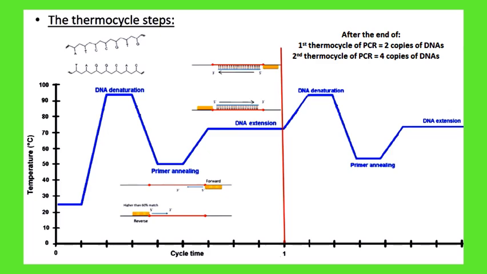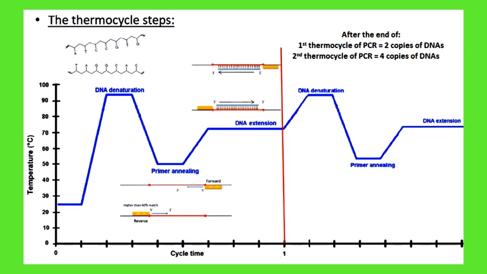However, look at the thermocycle steps of PCR. You note that it started with heating up the temperature to about 95 Celsius degrees. This step is for DNA denaturation, as we told before.